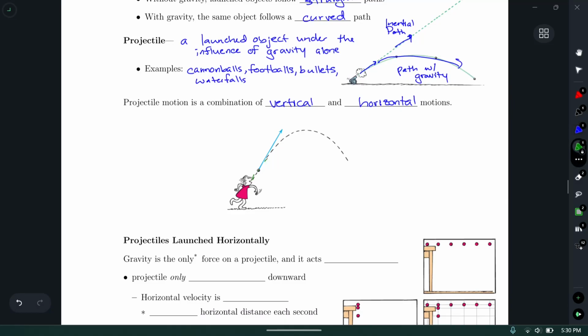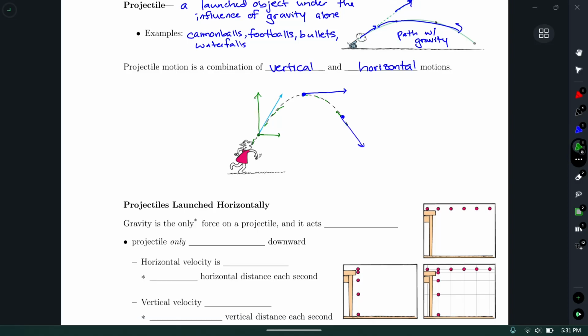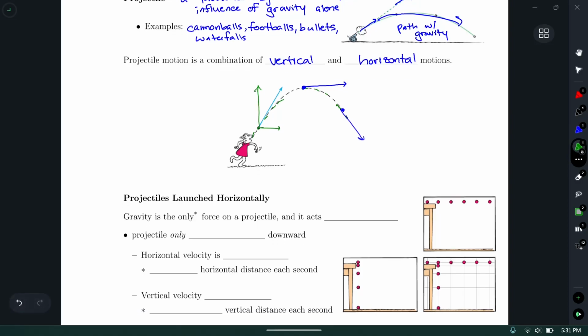So if we throw something, it follows this arc, and we could look at the direction it's moving at any point on there, talk about its tangential velocity. That's which way it's going right at that instant. We can break that into two pieces, a horizontal component and a vertical. Okay, so that is from chapter 5, the idea of vector components.